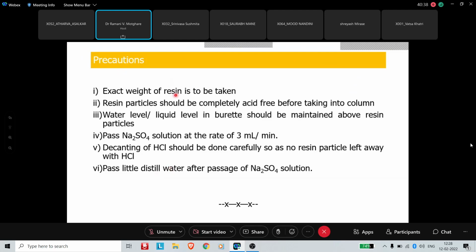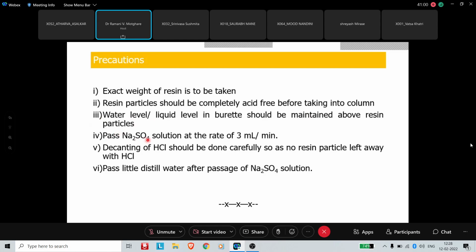Exact weight of resin to be taken should be noted, and then resin particles should be completely acid free before taking into the column. The liquid level in the burette should be maintained above the resin, at least 1 centimeter above, which means the resin should not dry.